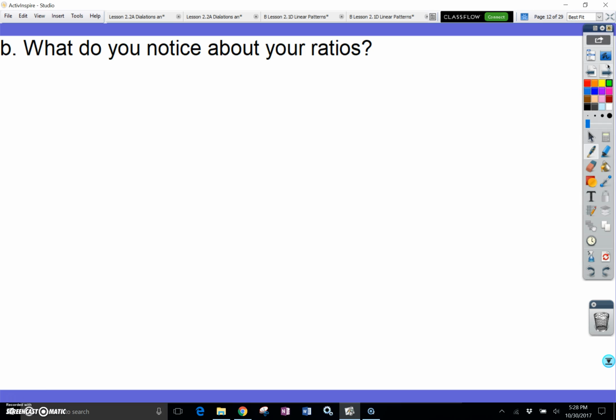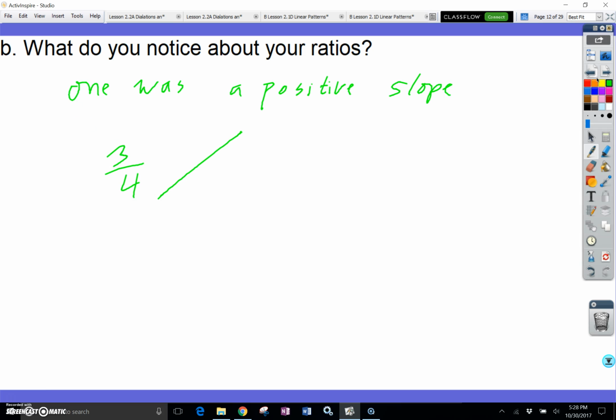Alright, so if we continue this, what do you notice about the two ratios? One was a positive slope, which was positive 3 over 4, and the line went up from left to right, while one was negative, and that was the line that was negative 3 over 4.